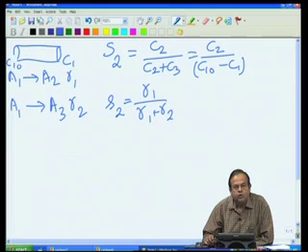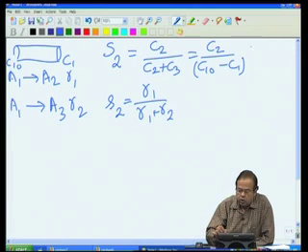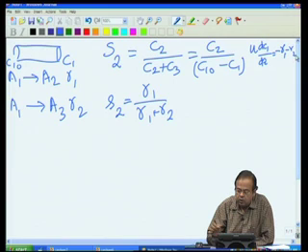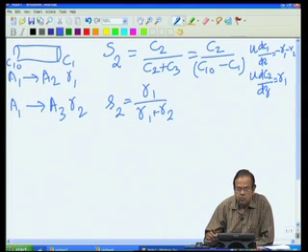If we use our normal plug flow reactor mass balance equations, U dC1 dz is the consumption of species 1, so that is minus R1 minus R2, and U dC2 dz is R1.